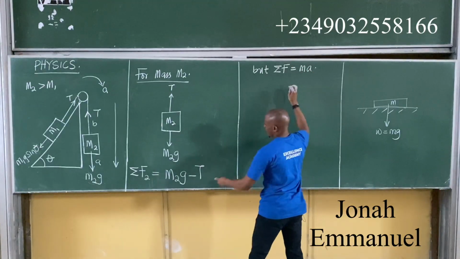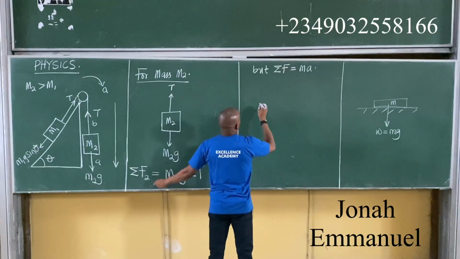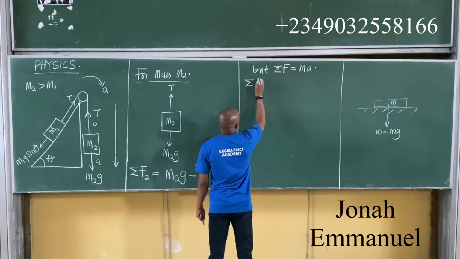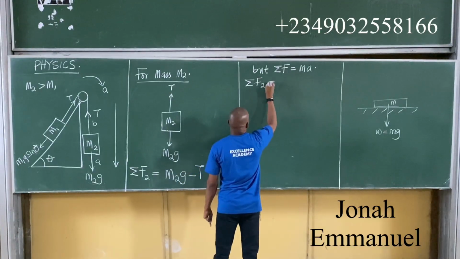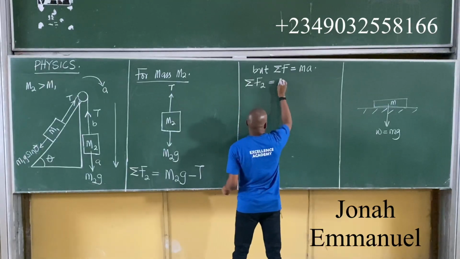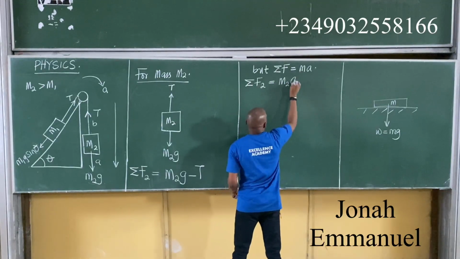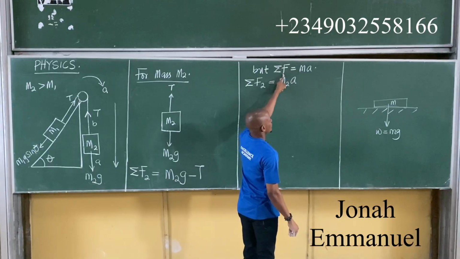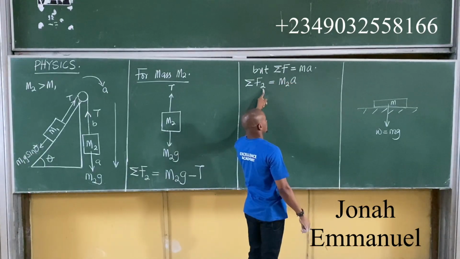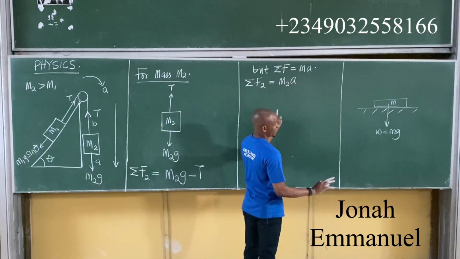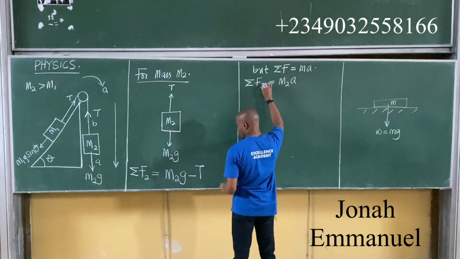We said the sum of forces is equal to MA. Considering M2, the sum of F2 is equal to what there? M2a. So the sum of F2 becomes M2a. What is this value?